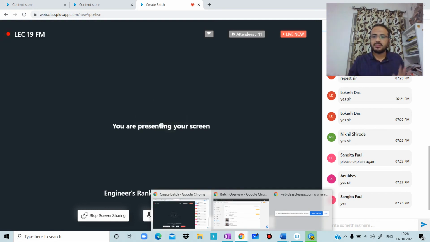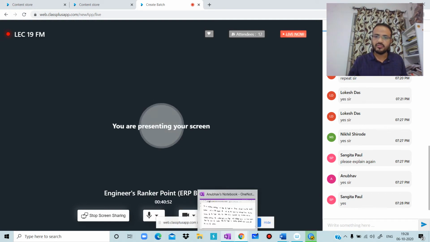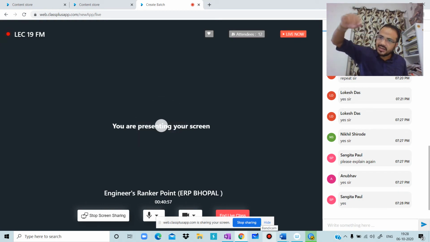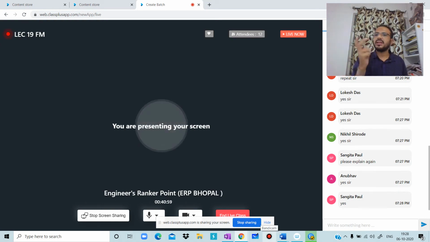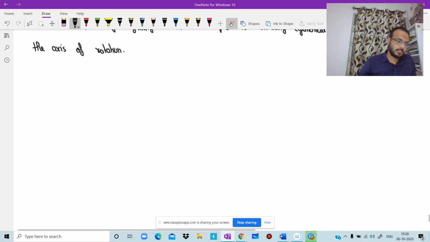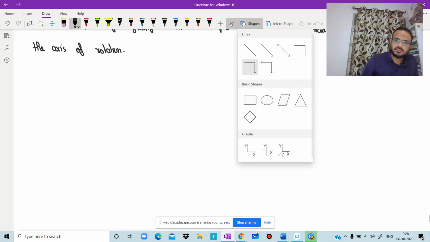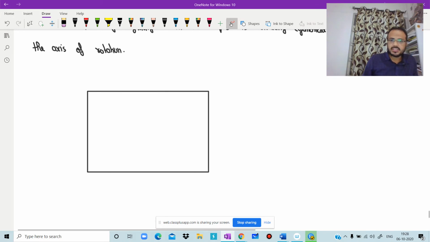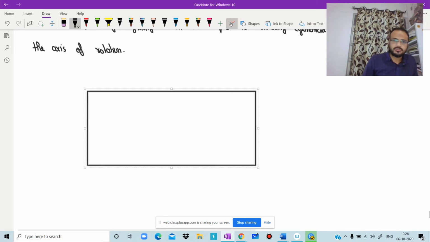Now I will take one element. Assume a ring, and that ring is like that because the complete fluid is moving. Very good. So we will make a diagram. Just we are going to open this one.